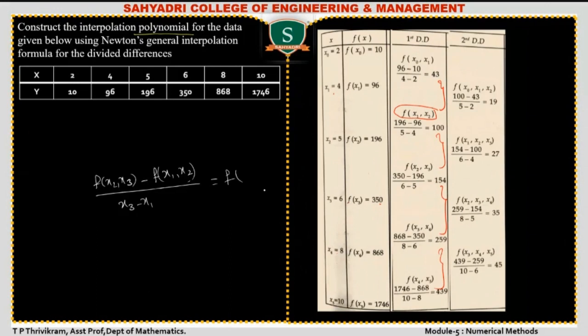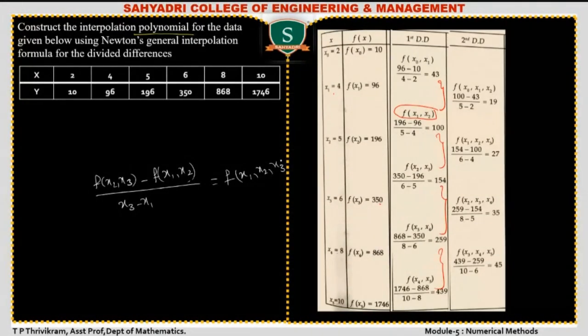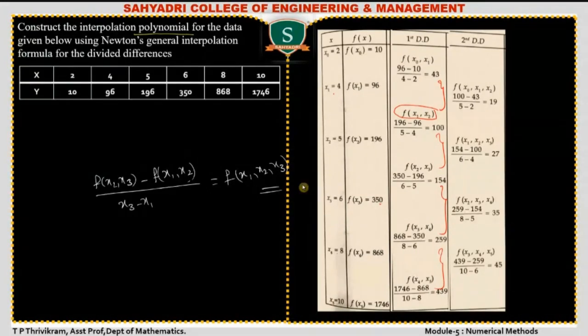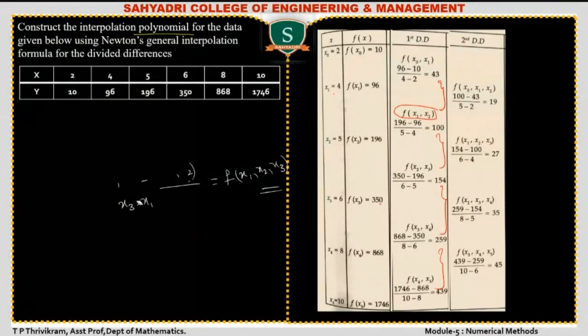This is nothing but f of what all the variables available here. Write it in order. This one is x1, x2, x3. That's it. Fine. So third order difference we have calculated like this.